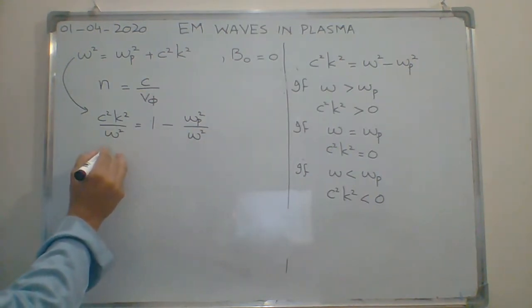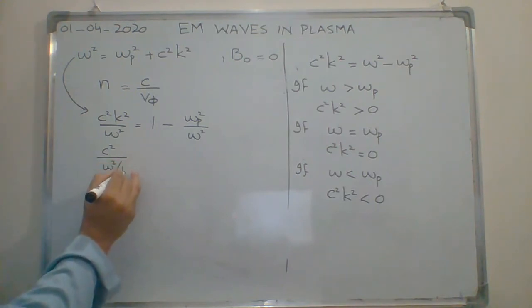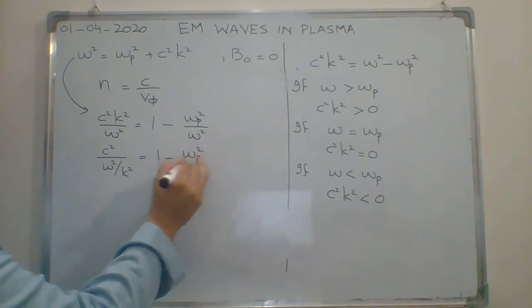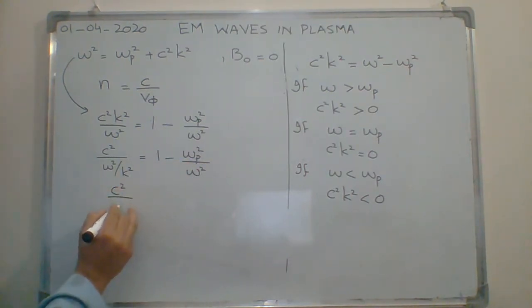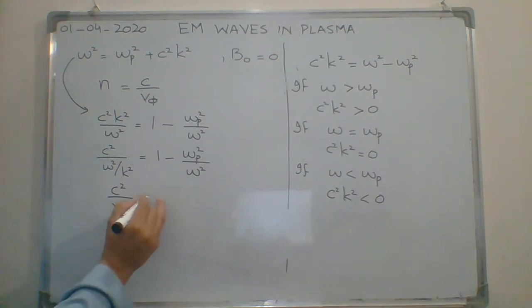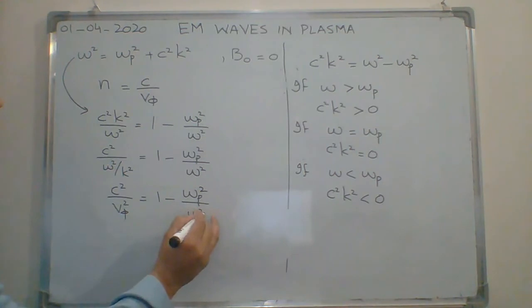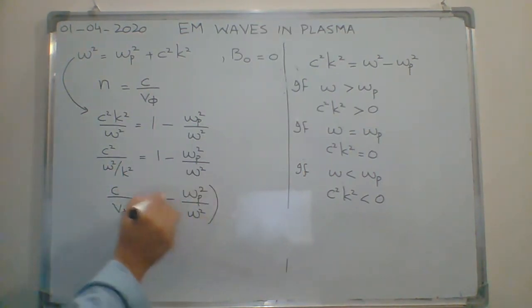And from here I can show omega square by k square equals 1 minus omega p square by omega square, and from here I can write c square by v phi square equals 1 minus omega p square by omega square.